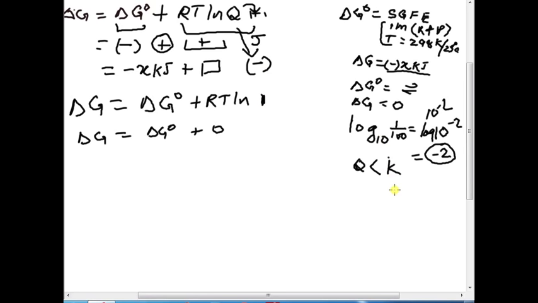And what if the value is plus? That means Q is greater than K. Suppose Q becomes 10 to the power of 2, suppose 100. That means you require energy to get the reaction back into the equilibrium position, which is when it becomes equal to K, so the products will become reactants, and you'll be having less energy in it.